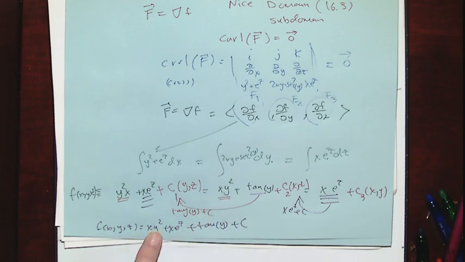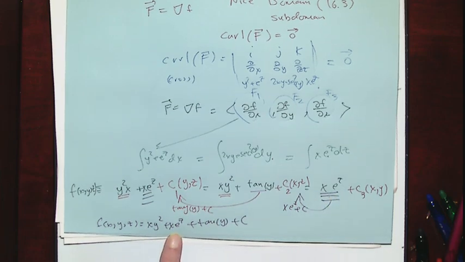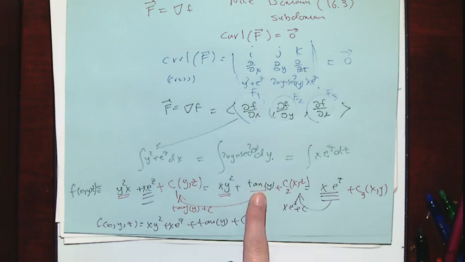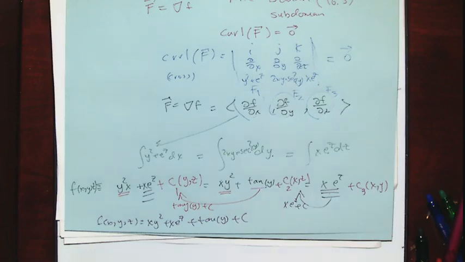I wrote it once. Wrote it how many times? Once. I looked at x e to the z, it was repeating. I didn't write it twice, I wrote it once. Then I looked at, see if any other terms are there. That one is just once, and I wrote that one once. So I added them all up, and that becomes my potential function.